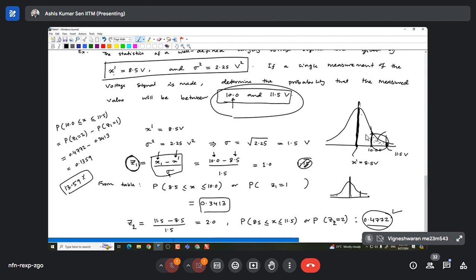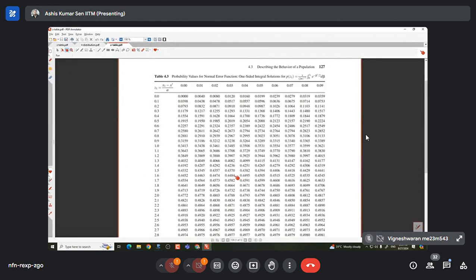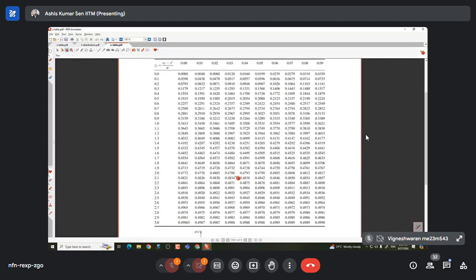Talking about this probability, as you increase Z, you are basically spreading your interval. You see that the probability is going up slowly, and at about 3.09 it is reaching very close to 98%.